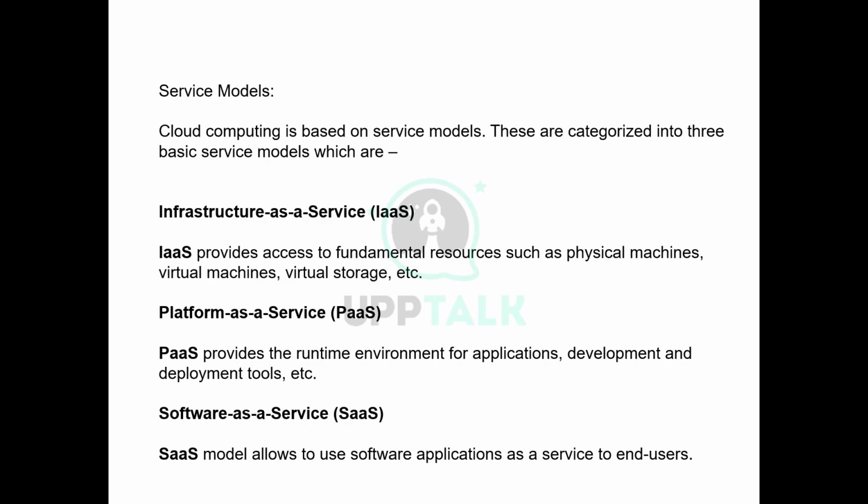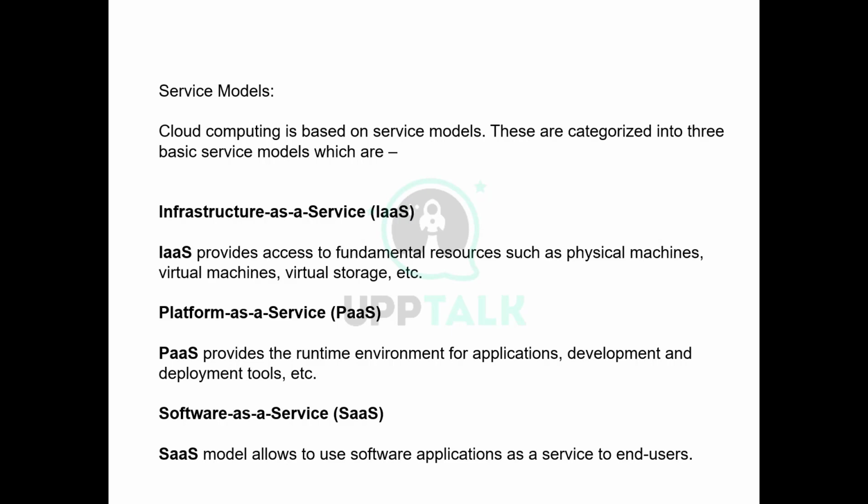In platform as a service, we just need to manage the application and the data, and the rest is managed by the cloud service provider. These are mainly used by people who develop applications using development tools, so application developers mainly use platform as a service.